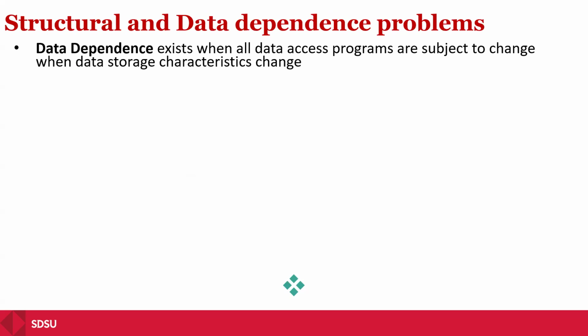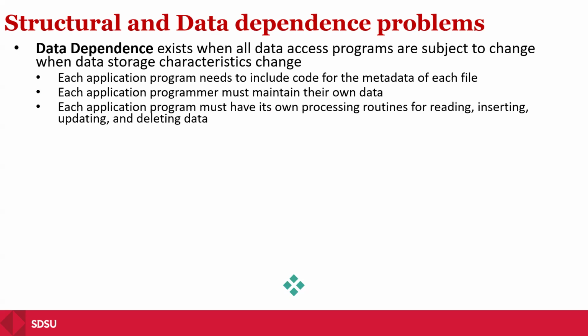So we're going to talk about structural and data dependence. What does that exactly mean? Data dependence means that when data in the program is going to change, all the routines and programs that rely on that data must change too.